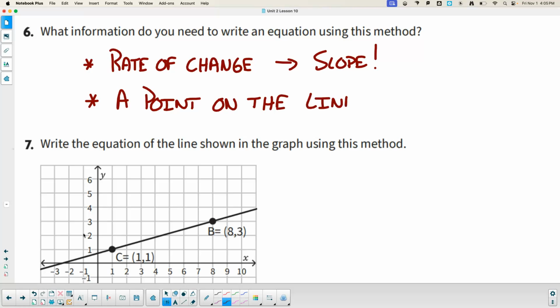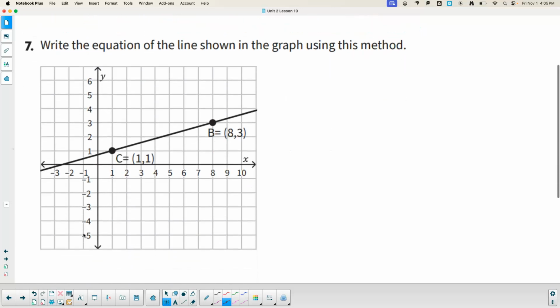So if we have a point on the line and we have the slope of the line, we can find it. Or if we have 2 points on the line, we can find that because we can find that change in y over change in x. Like here in number 7, I've got 2 points on the line.